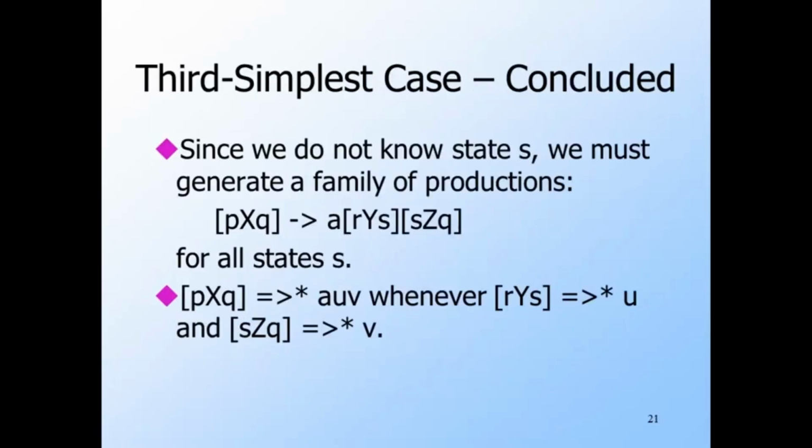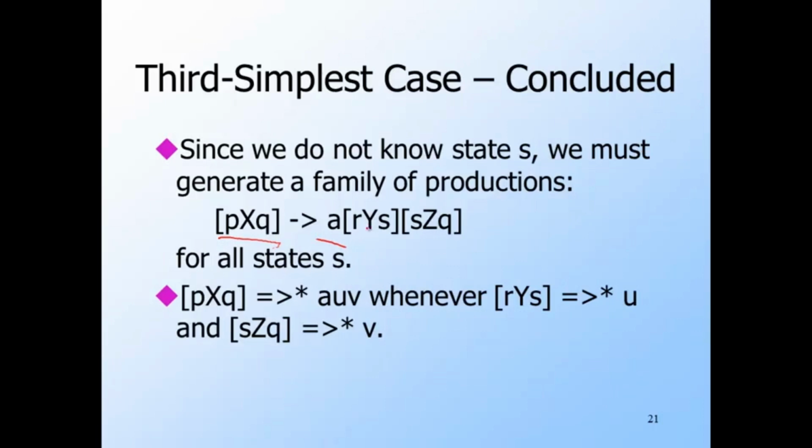So we generate many productions for this case, where on input A, state P becomes R and X gets replaced on the stack by Y and Z. For every state S, there's a production with head PXQ, and then the A that causes the first move. Remember, A could be empty.